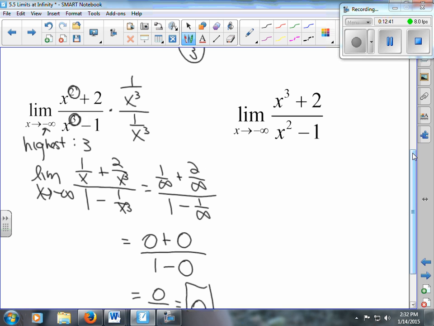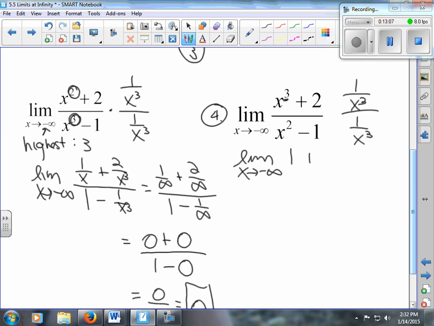Last example. This is very similar to the other example, except I've switched and made the x to the third now in the top instead of the bottom. But notice 3 is my highest exponent. So I'm going to do my trick, multiply by 1 over x cubed over 1 over x cubed. I'm going to do the limit as x goes to, again, negative infinity, but that doesn't matter.